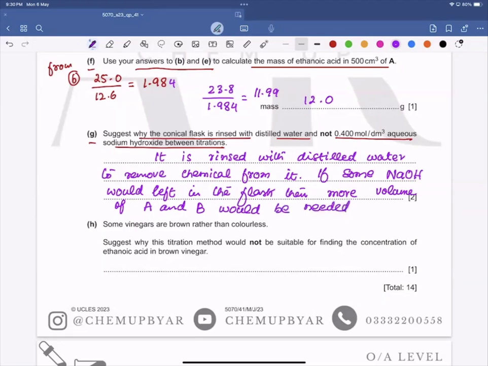Some vinegars are brown rather than colorless. Suggest why this titration method would not be suitable for finding the concentration of ethanoic acid in the brown vinegar. So obviously the color change would not be clearly observed.